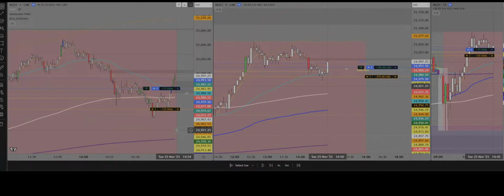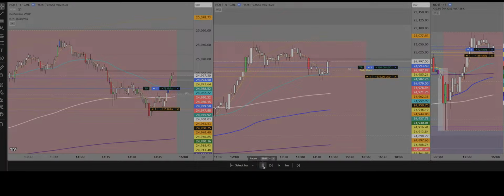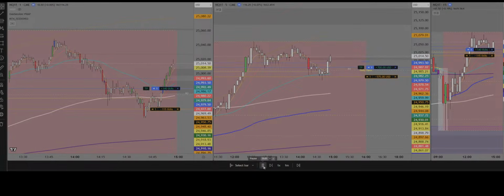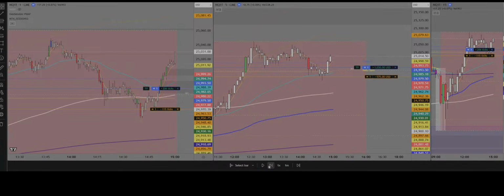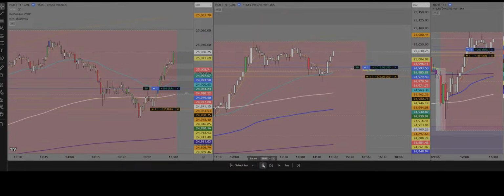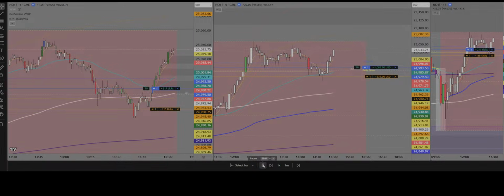Okay, so you only do Ethereum. Yeah, because everything will move slightly different. Some assets are more wicky, some are based more on VWAPs, like Nasdaq, which I feel is really driven by VWAPs.